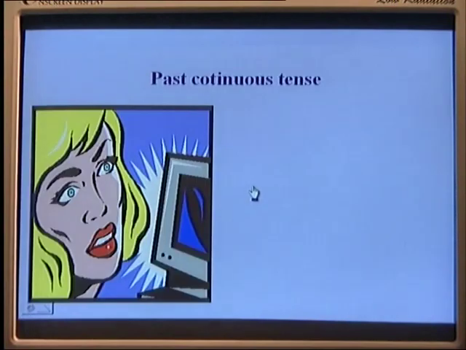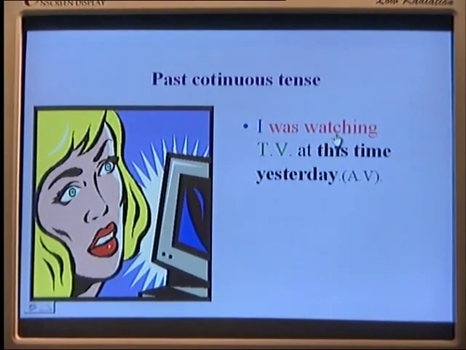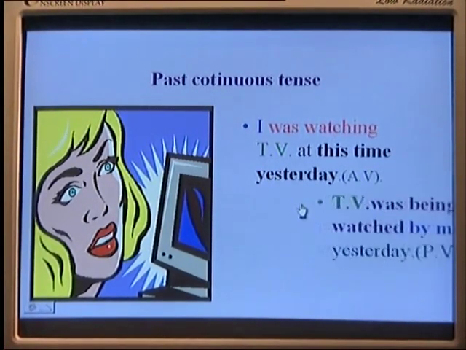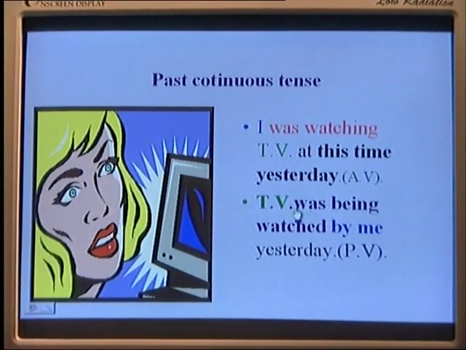Now, look at this. This is yesterday. Look at this sentence: I was watching TV at this time yesterday. So the work is already over, but what I was doing, I am telling, at this time yesterday. I was watching. So, past continuous tense. Watching becomes being watched. So now, TV was being watched by me yesterday.